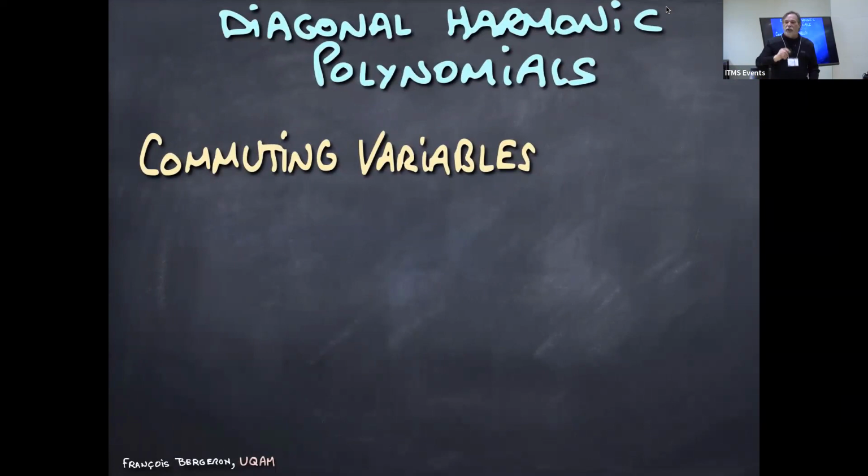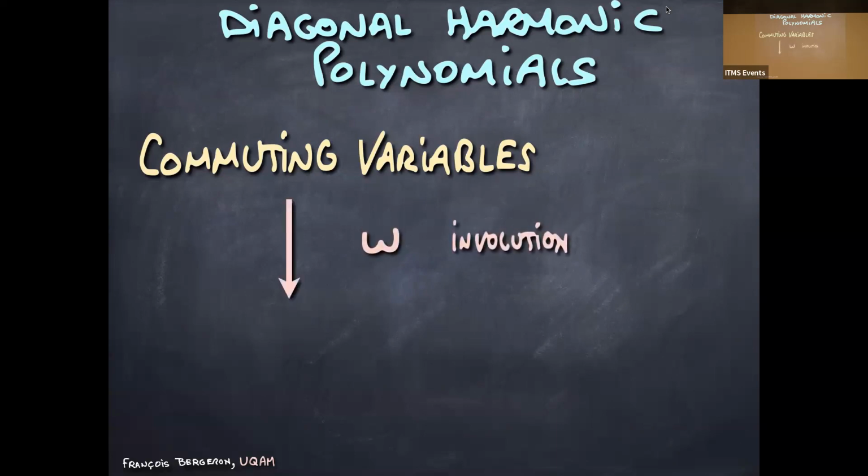Okay, let me switch to another reason why we need this extra thing. I'll try to go fast here. So if you study the diagonal harmonics polynomial, there are interesting spaces where you have commuting variables, classical variables.